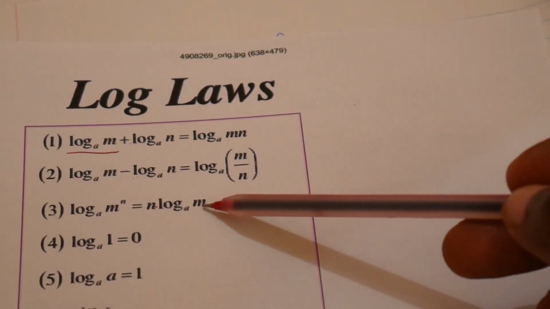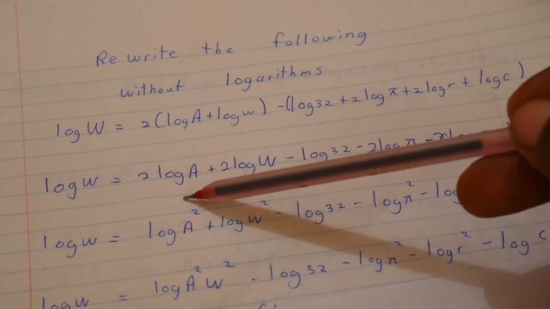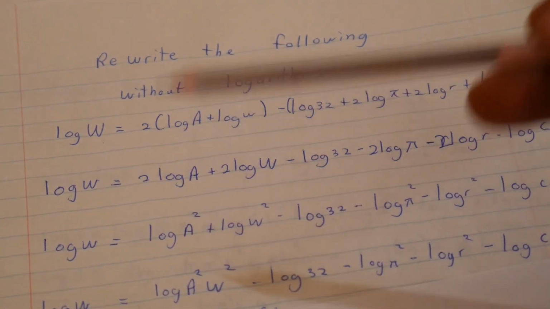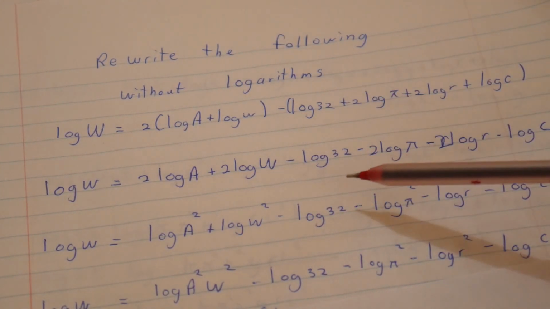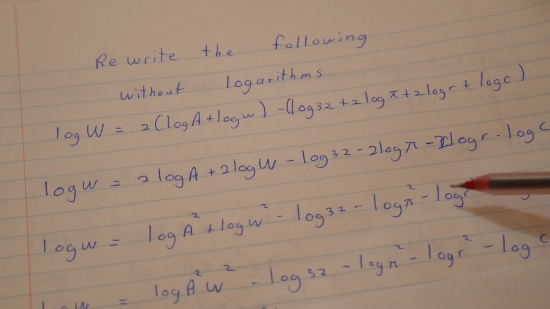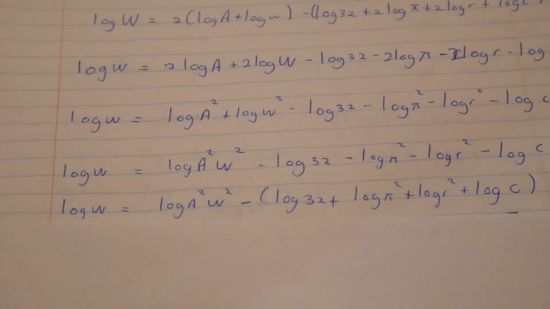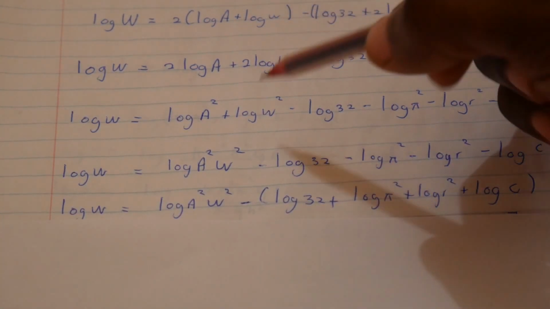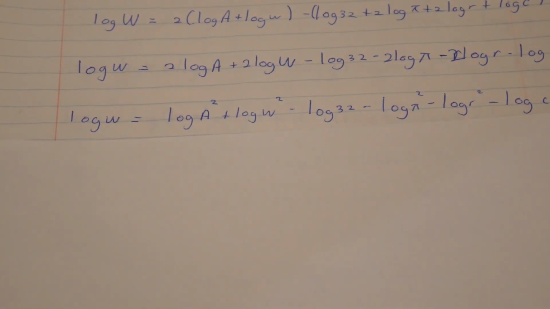If there's a number in front of the log, you put the number as a power. So 2 log a becomes log of a squared. This becomes log of w squared. This becomes log of pi squared, and so on. Alright, now we're there.